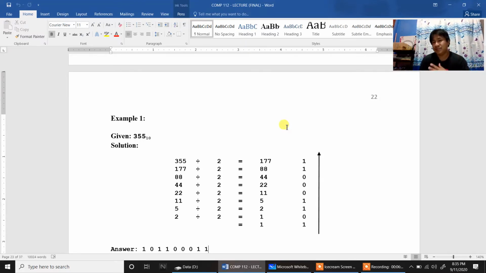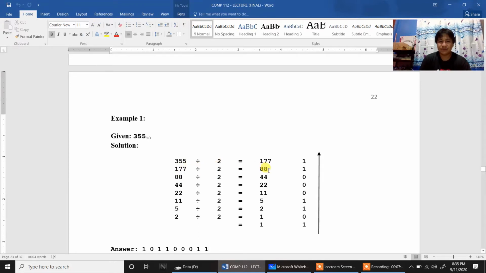Since we will be omitting the 0.5, automatically it will become 1, because it has a decimal. That's the rule. Based on the rule, we omit the floating point, which is 0.5, and we retain 177.